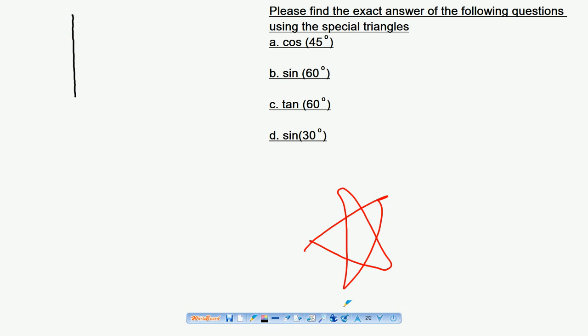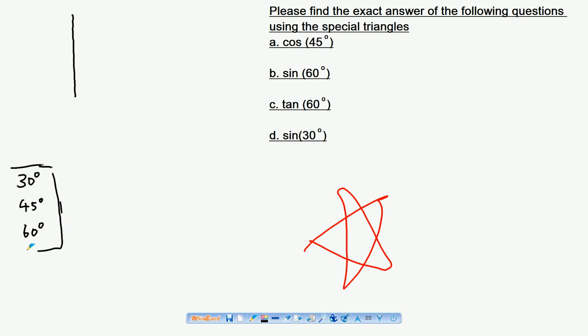Oh yeah, also, by the way, using your special triangle, you can only find cos and sine of 30 degrees, 45 degrees, and 60 degrees.